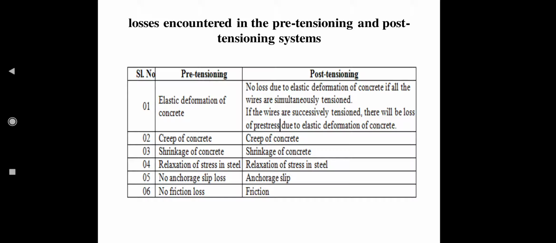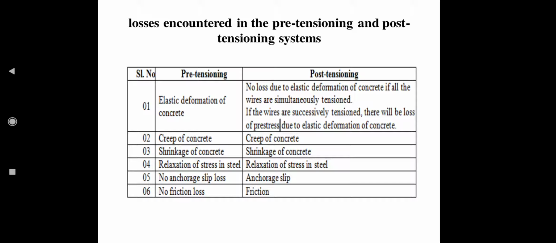So in this slide you can see losses encountered in pre-tensioning and post-tensioning systems. You all know what pre-tensioning members and post-tensioning members are. Pre-tensioning members means the tendon or cable is tensioned first and then the concrete is placed.